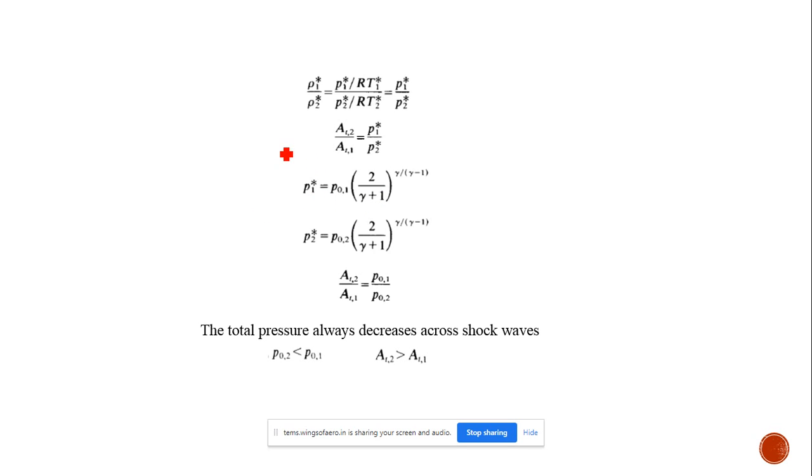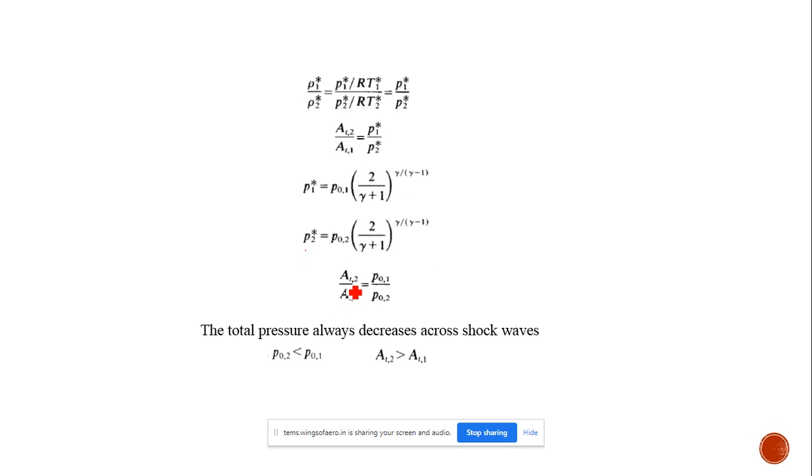The relation p1 divided by p01, that is the static and stagnation pressure ratio, we already know. Based on that relation we can write p1 star equal to p01 into (2 divided by gamma plus 1) whole power gamma by gamma minus 1. Same way for p2 also.